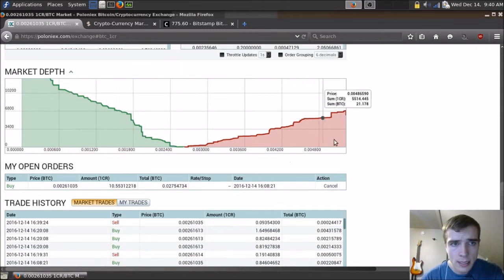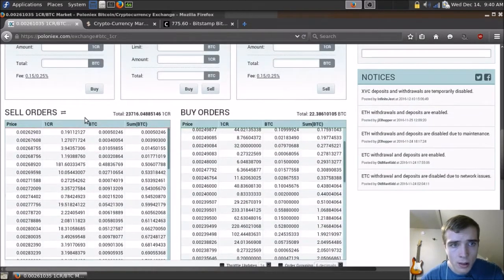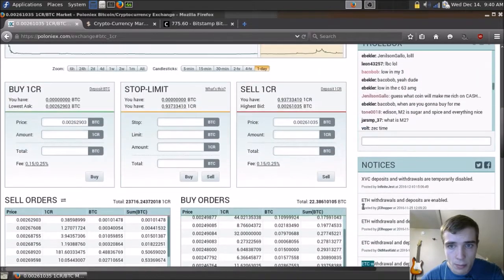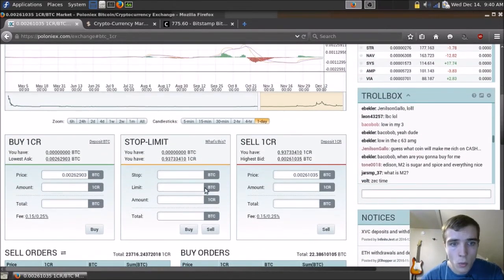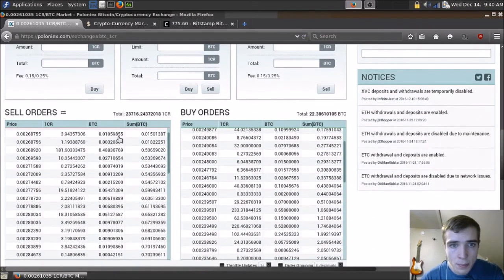This is basically just a visual representation of all of the current sell and buy orders on Poloniex for that specific market. So this is the 1CR market, and this is representing the buy and sell orders inside of the 1CR market.